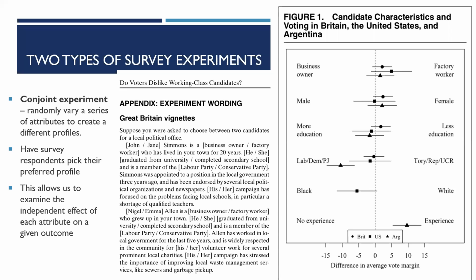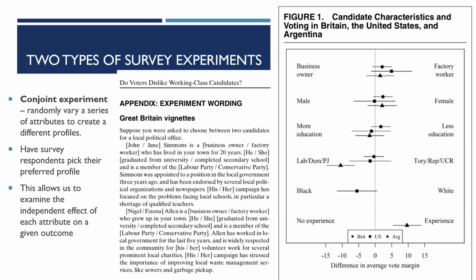So what we see up at the top is that voters, when it comes to vote choice at least, don't punish the working class candidate. We see no difference in the probability of voting for someone depending on whether they have a business background or a factory worker background. And really, when we look across countries, the only place where we see major differences is in political experience.